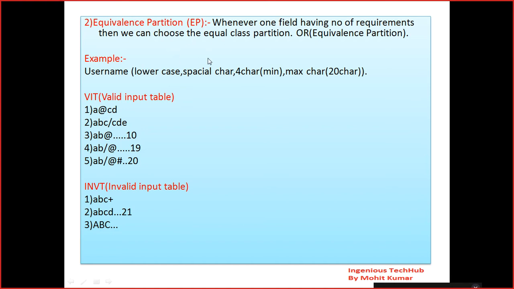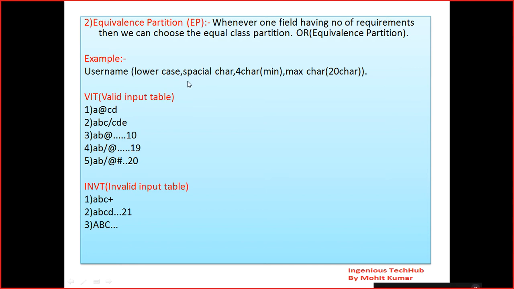If someone asks what is boundary value analysis or equivalence partition, then you have to tell the same theory and you can give one example. If you have lowercase or a special character, you can also make one possibility: how many special characters it will accept and which type of special characters it will accept, because we have many special characters, right?